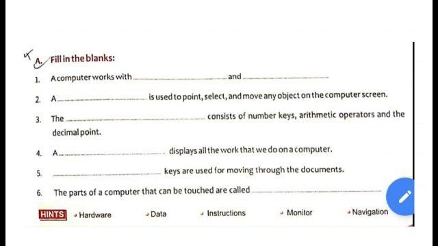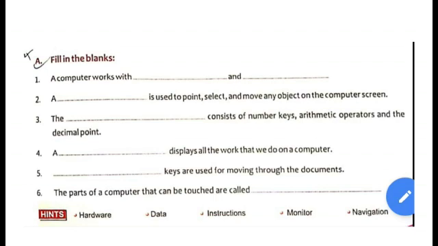Question number 4. A dash displays all the work that we do on a computer. So the answer is, a monitor displays all the work that we do on a computer.